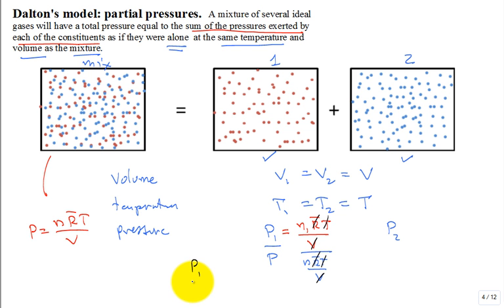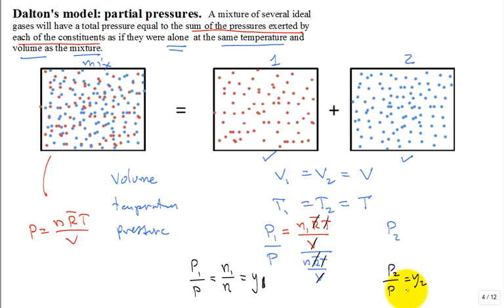the pressure 1 divided by the total pressure is equal to the amount 1 divided by the total amount. Isn't that the mole fraction? And I put an i there. That's generalizing it, but I'm deriving it for 1. You can do the same thing and you find that P2 divided by P is equal to y2.